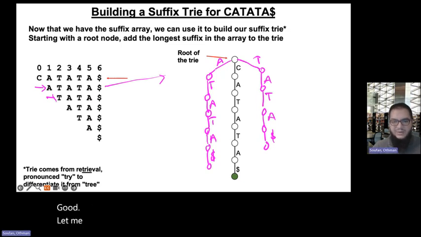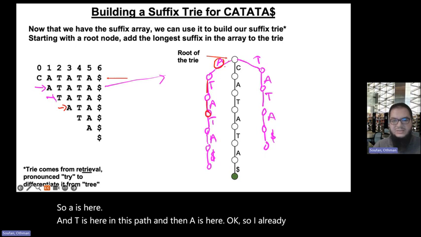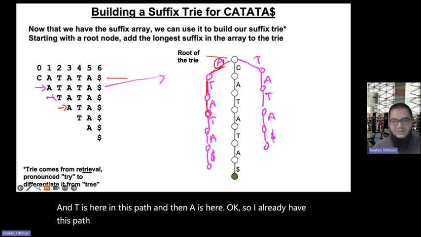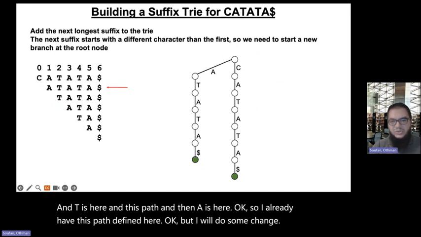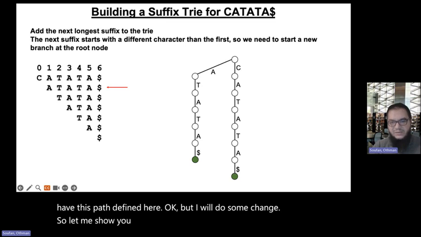Let me change the color here. And then we have ATA. Well, I already have A, so A is here, and T is here in this path, and then A is here, okay? So I already have this path defined here, but I will make some change. Let me show you. This is the first one.